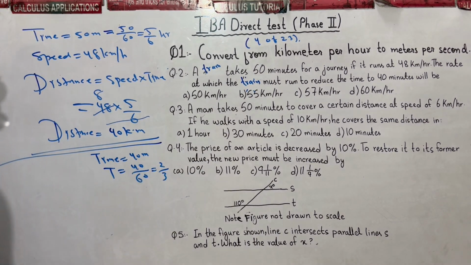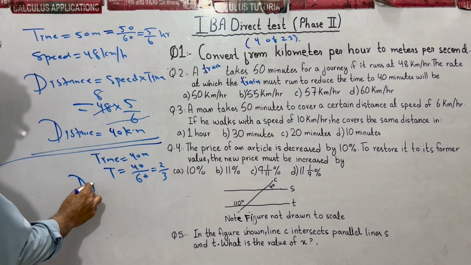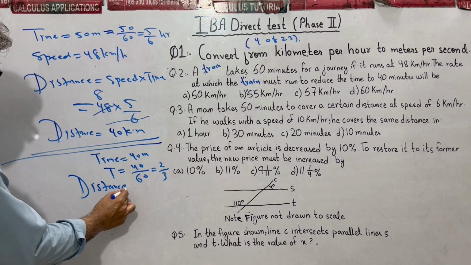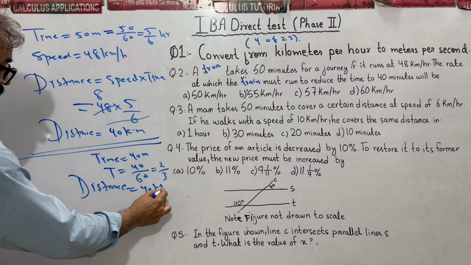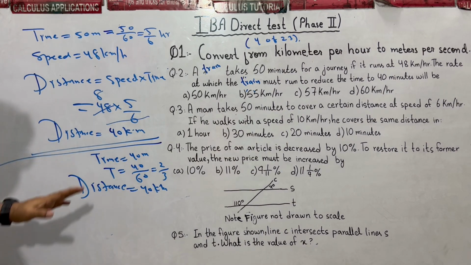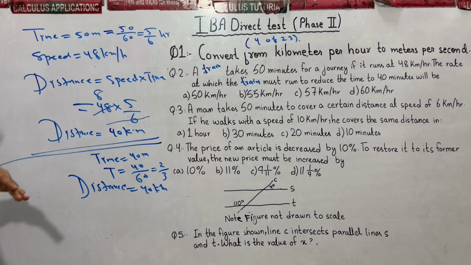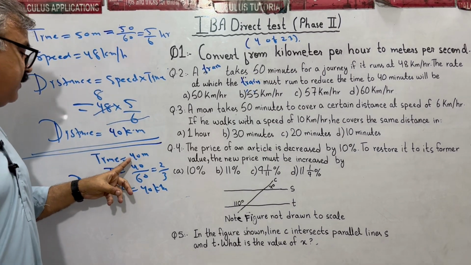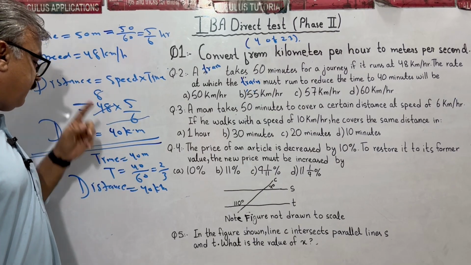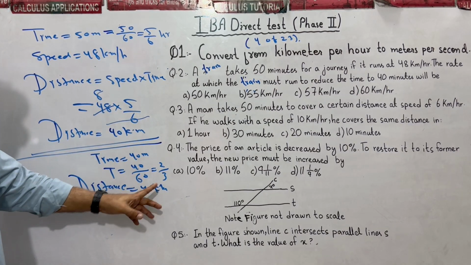Distance we have already found, 40 kilometers. Now we have to find the speed at which the train must run in order to save 10 minutes, covering the same 40 kilometers not in 50 minutes but in 40 minutes, from 5 over 6 to 2 upon 3 hours.